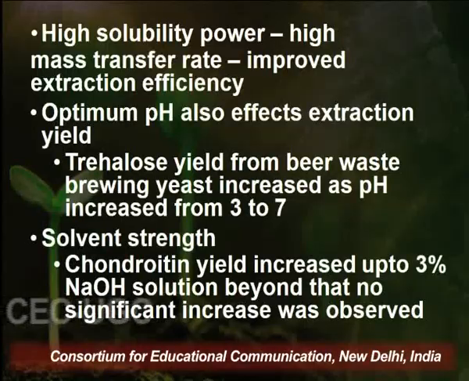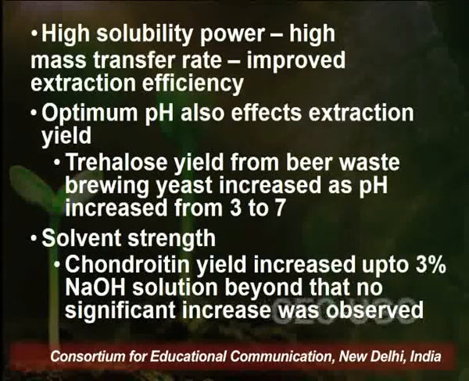Then we know that the secondary metabolites have varied chemistry, varied chemical structures, and by virtue of varied chemistry, they have varied chemical properties, and therefore these secondary metabolites behave differently at different pH values. And this behavior of different solute molecules with respect to pH can be directly correlated with the extraction efficiency of a process.